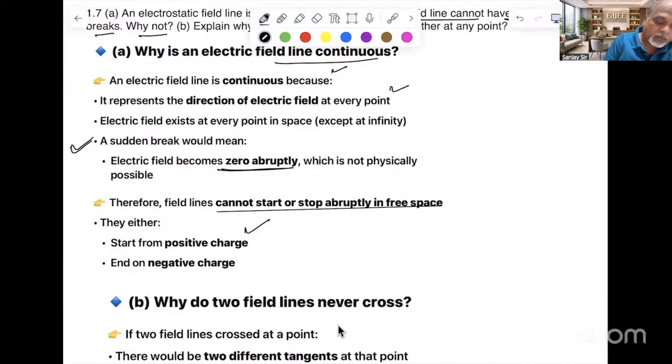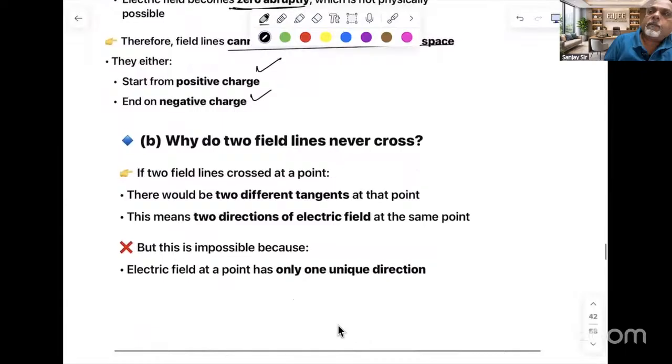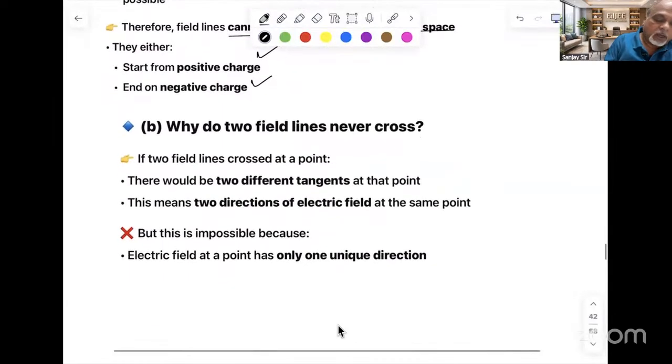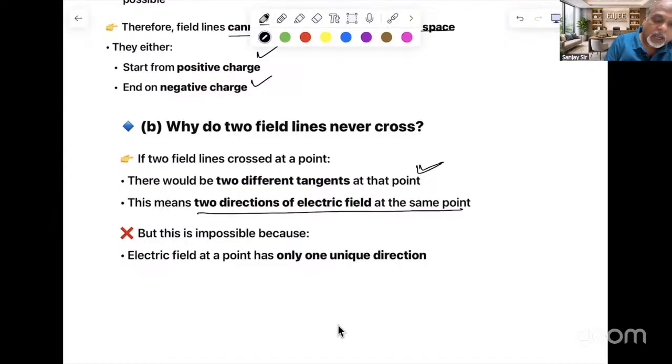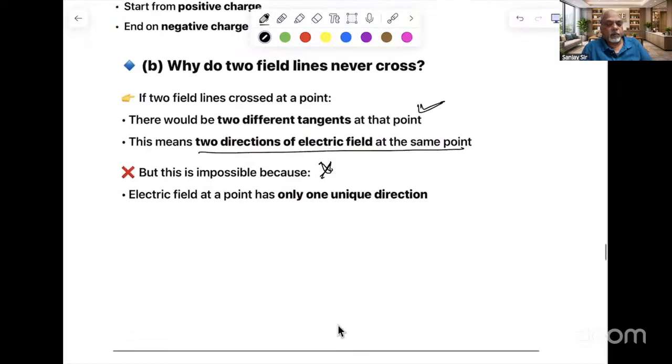They start from the positive charge and end at the negative charge. Why do they never cross? Because they would have two tangents, two directions of electric field at the same point, and that is not possible. That's why two field lines cannot cross.